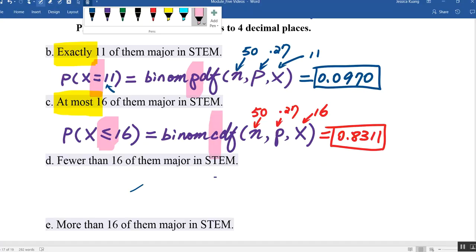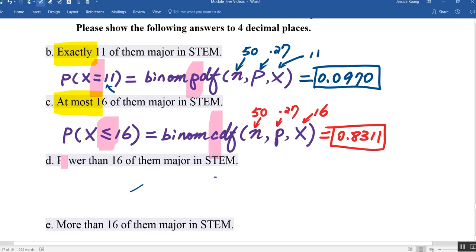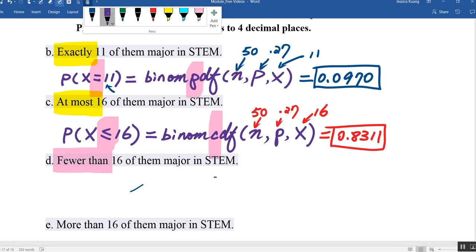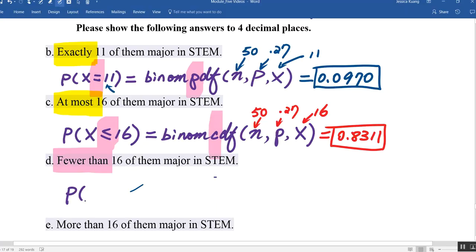Now let's look at the next question. What is the probability that fewer than 16 of them major in STEM? So we're looking for the probability of X strictly less than 16, which is the probability of X less than or equal to 15.